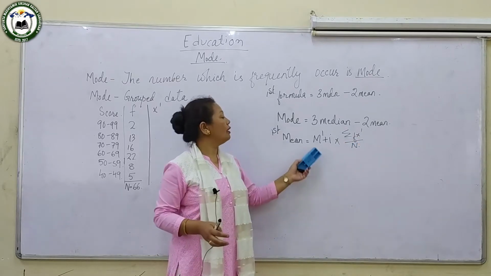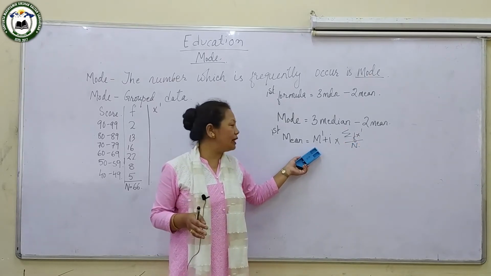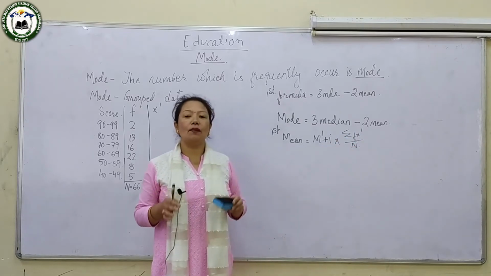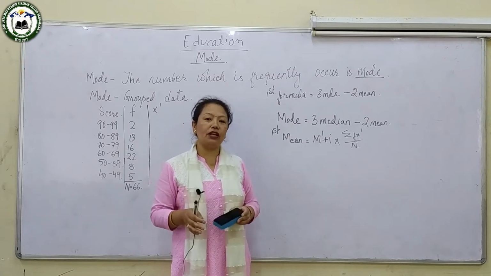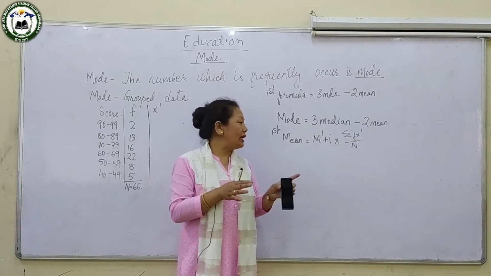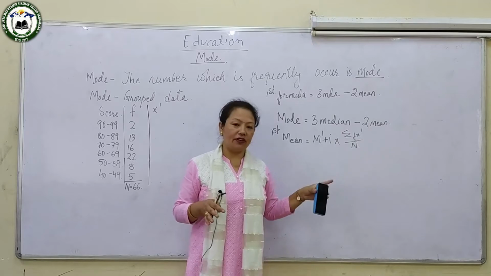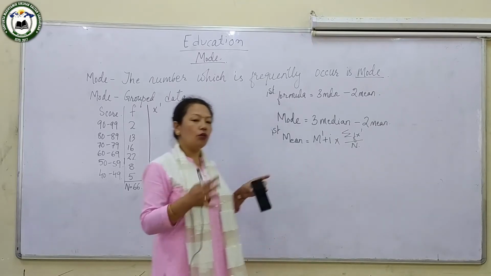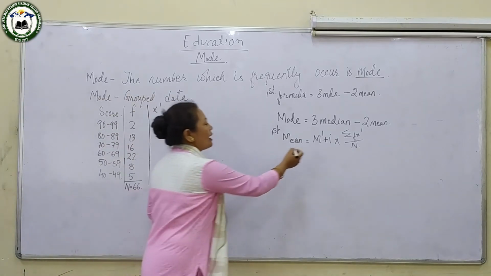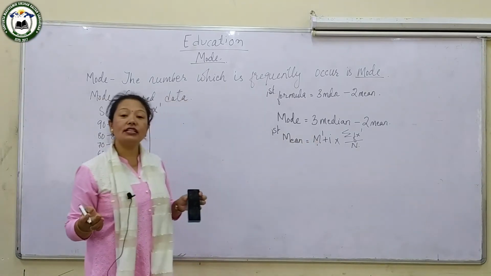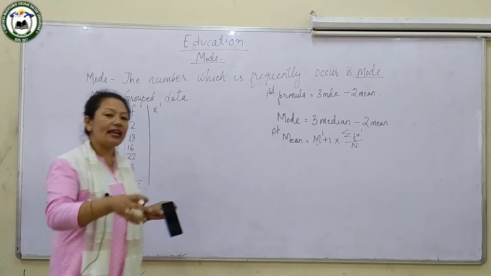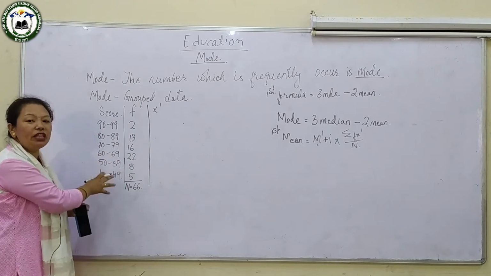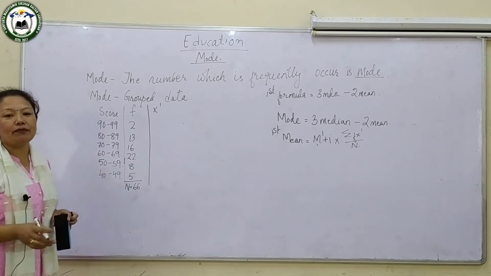I hope you remember, m dash is your assumed mean, i is your interval, fx dash means the sum of the deviations obtained from multiplying the frequencies and the deviations, and n means the total number of scores. First we find m dash. You take any one number from the scores, especially the midpoint, as your m dash.